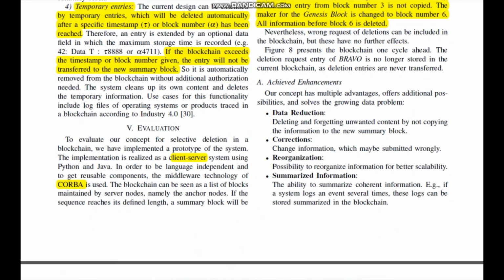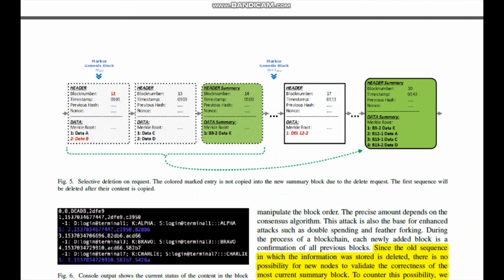So let's see, I have an image over here. It is right here, right? You can see in figure 5, there is header number 1, header number 2, and there is a summary block. Once we want to delete data B from this, that's in red, I hope you can see it, data B. When this whole thing becomes a new summary block on selective deletion, this comes into the new summary block, and you can see we cannot find any data B here.